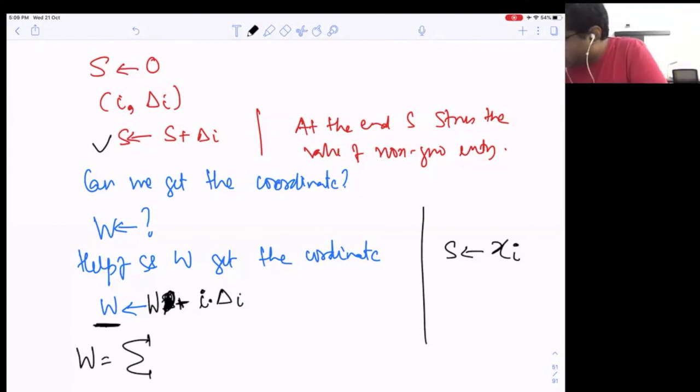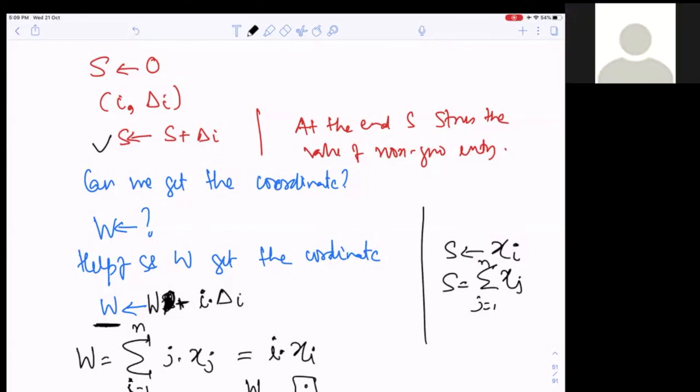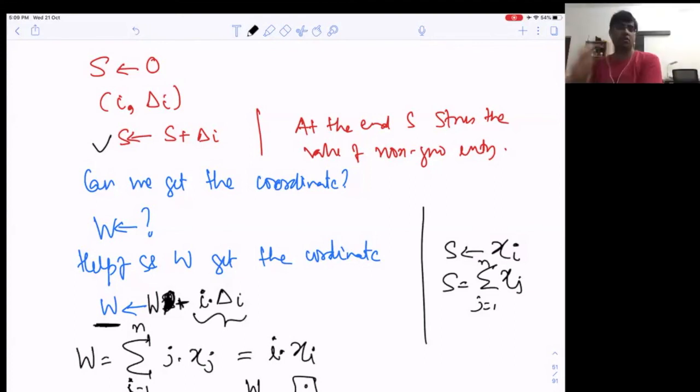So it is just going to give me j going from 1 to n, j times xj. This is what W is, right? The same way, S is j equal to 1 to n xj, right? Now, if I had only one non-zero coordinate, this is going to be equal to I times xi, right? So if I take W by S, I will get the coordinate I, right?